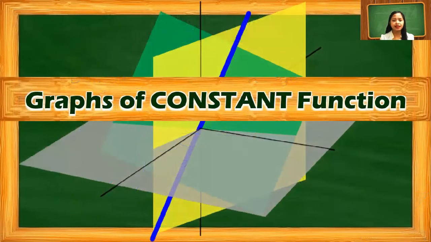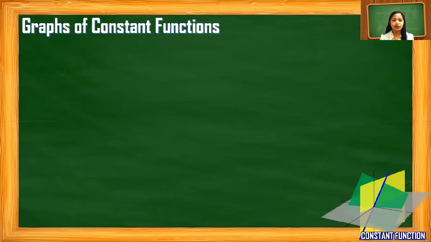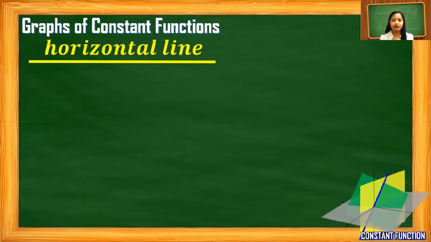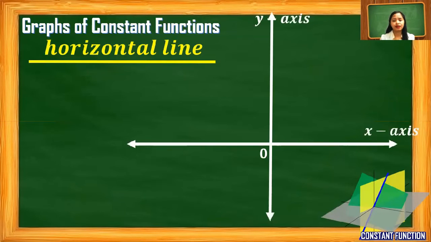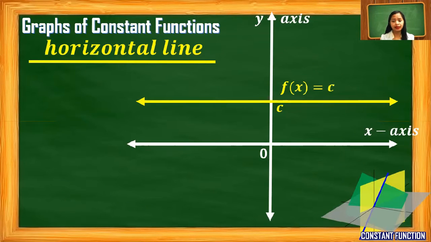To further understand those concepts, let us move on to the graphs of a constant function. The graph of a constant function is always a horizontal line. For example, we have this Cartesian coordinate plane, the x and y axes, and our graph will look like this.